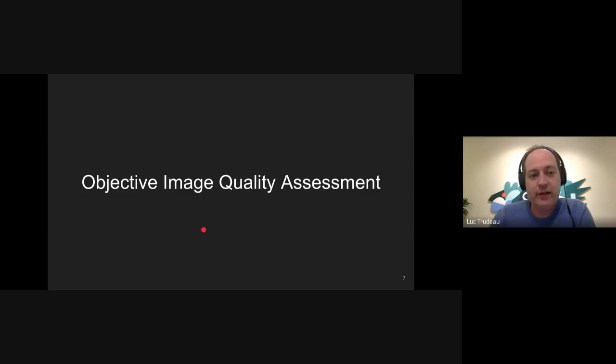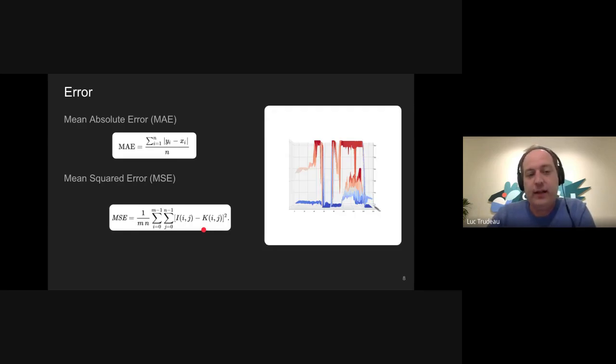So, objective image quality assessment. We have our two surfaces here, again, on the same plot. One is the image, the other one is the broken image. And we would like to get a number for this volume. There are two equations that you can use. You can use the mean absolute error, or you can use the mean squared error. Usually we'll use the mean absolute error when we have to do a lot of processing because it's faster.